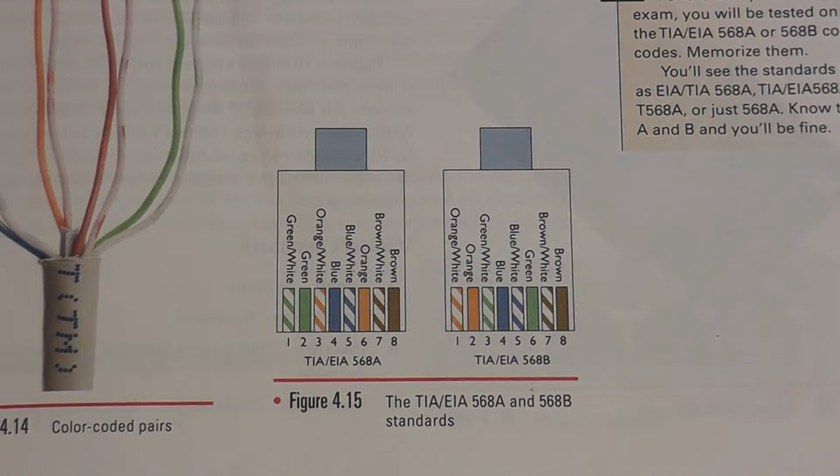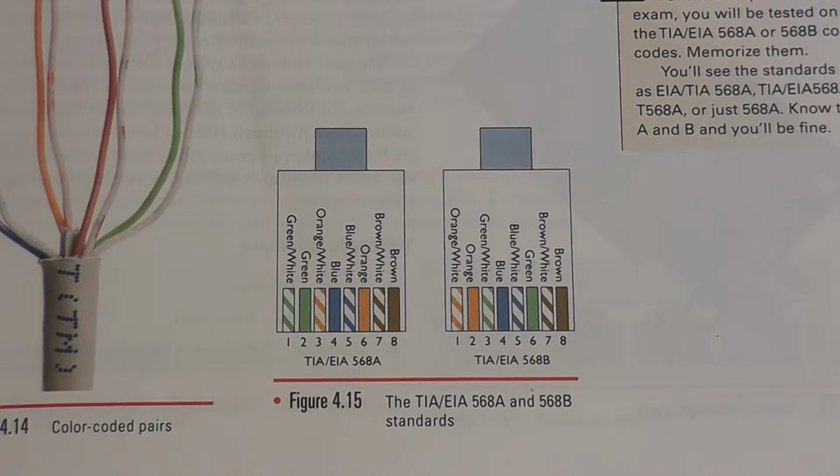Do you agree? But in the A standard, the green pair is on pins 1 and 2, and the orange pair is on 3 and 6. And what are they on the 568B standard?